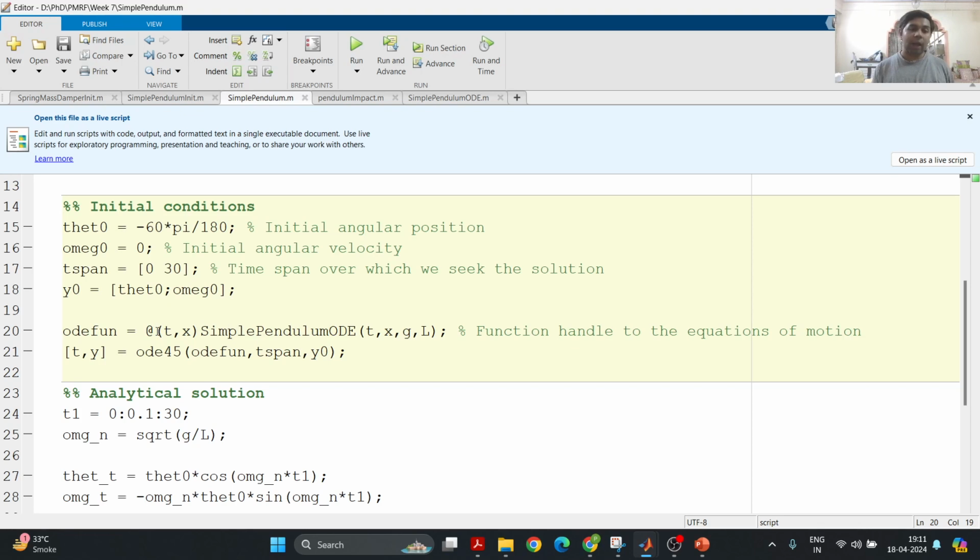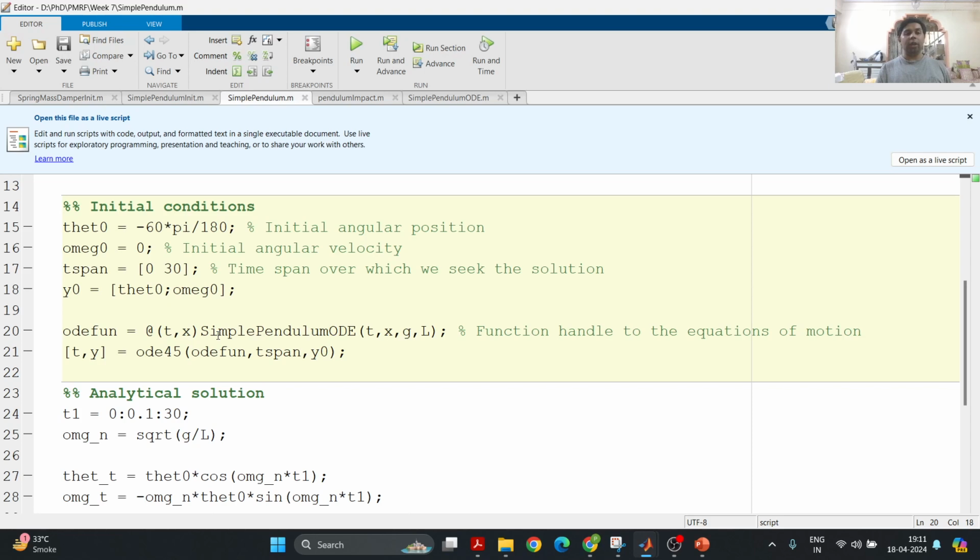We say at t comma x, by which MATLAB can understand that the function is accepting t and x as the time varying inputs, and g and l are additional parameters that we are passing. So while solving, it will pass the parameters g and l and solve for t and x.